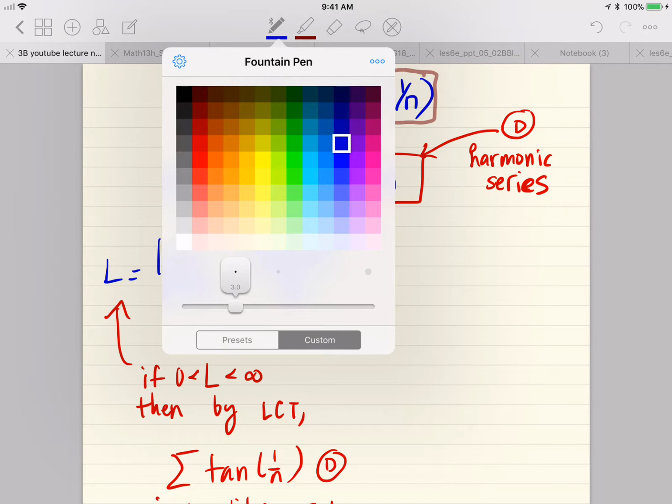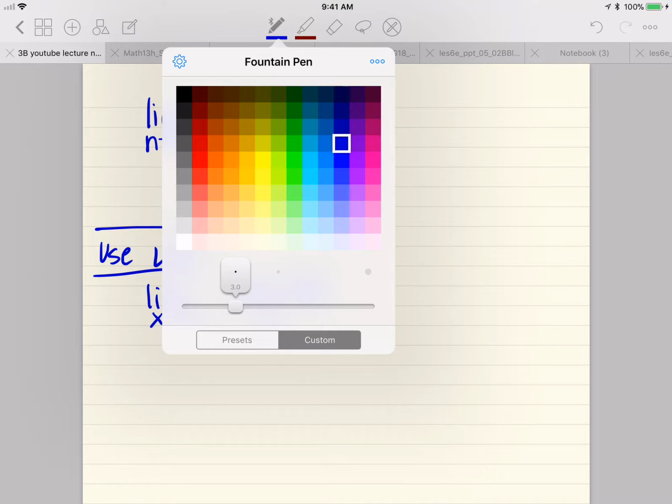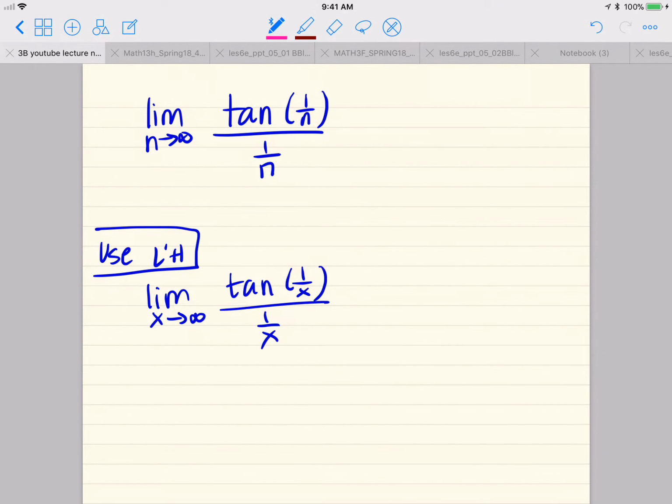So I'm going to instead compute the limit as x goes to infinity of tangent 1 over x divided by 1 over x. And why can I use L'Hopital's rule? Because this is an indeterminate form, namely, as x goes to infinity, tangent of 1 over x is going to 0, and the denominator is going to 0.